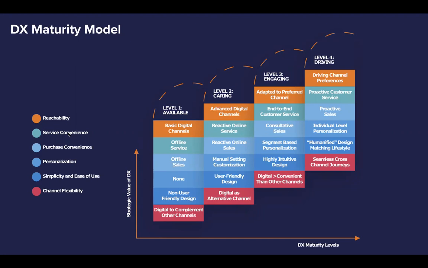And actually your offline channels are starting to now complement digital. And then you start getting to that almost utopia where you're actually driving those channel preferences. You're being proactive in sales. You've got a humanified design, and you've got that sort of omni-channel experience where it should be seamless, jumping backwards and forwards.